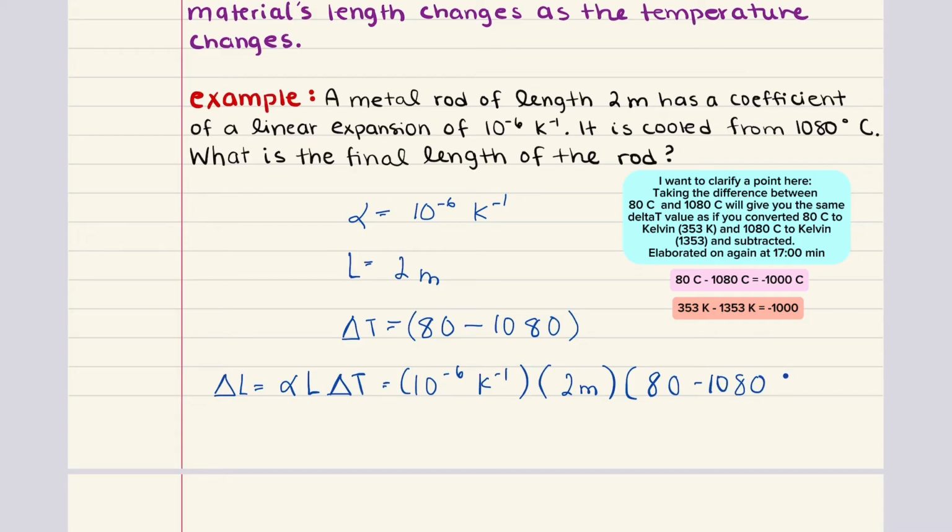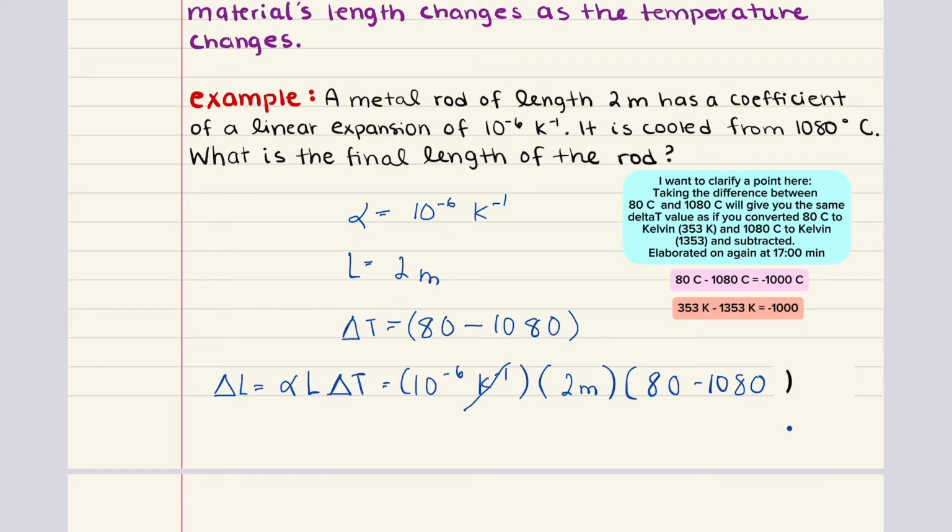And we're going to use the Kelvin scale here because we want our units to cancel. And when you're taking a difference in temperature, you can easily convert between Celsius and Kelvin because the difference will be the same regardless of using Kelvin or Celsius.